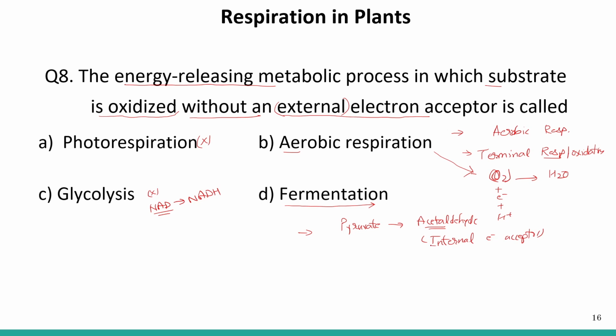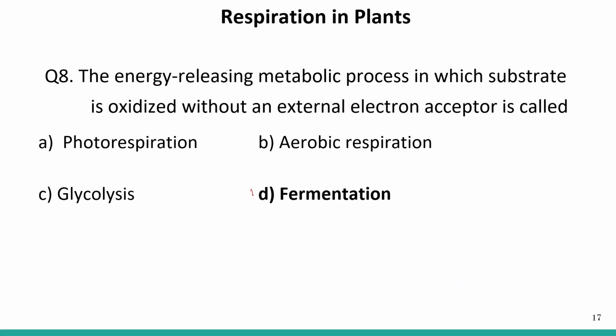Finally acetaldehyde is converted into ethanol, and carbon dioxide is released as a byproduct. So what should be the answer? The answer is option D. Fermentation takes place without an external electron acceptor.